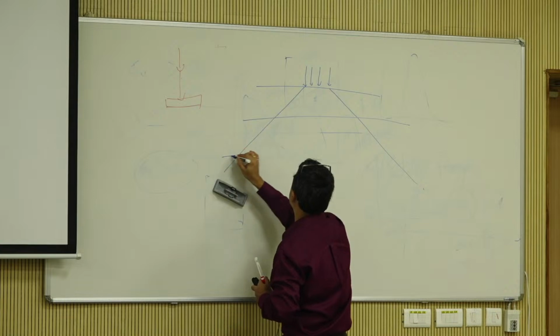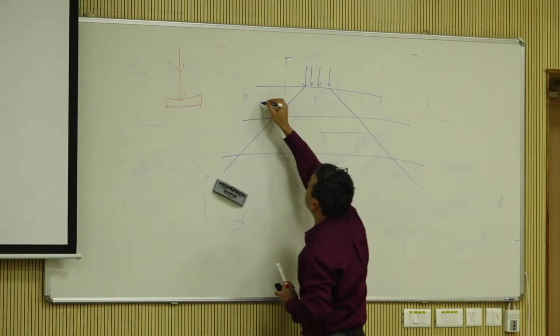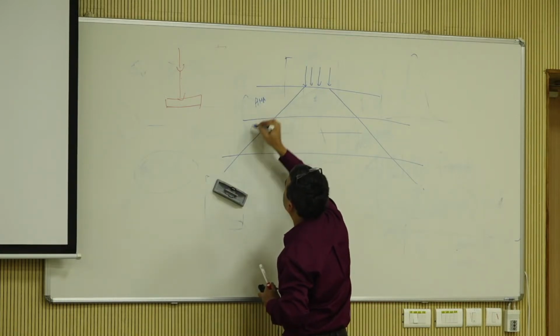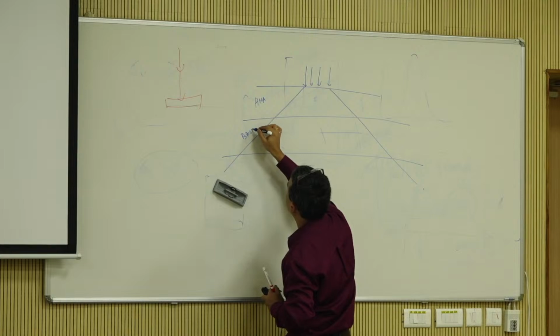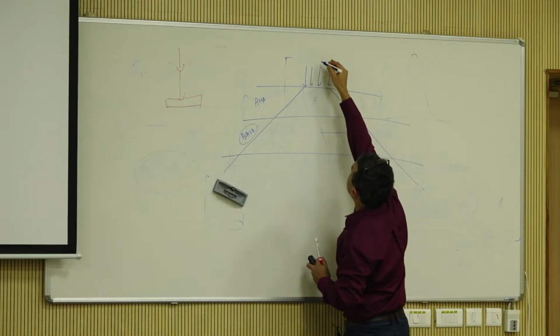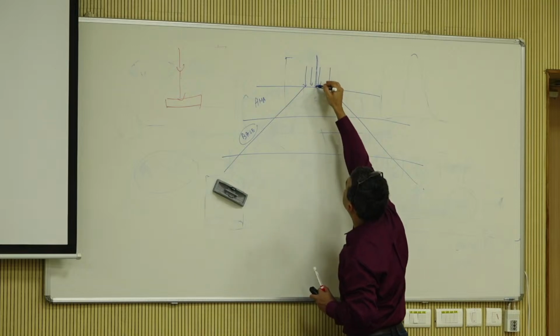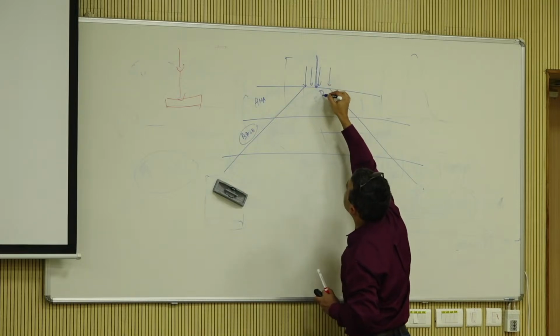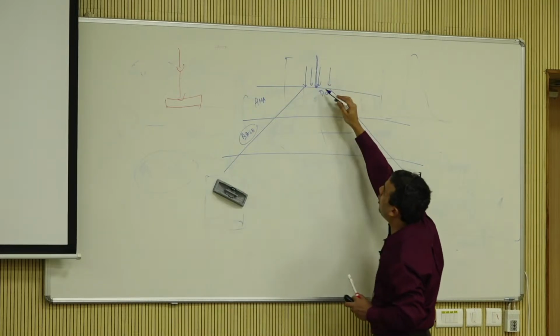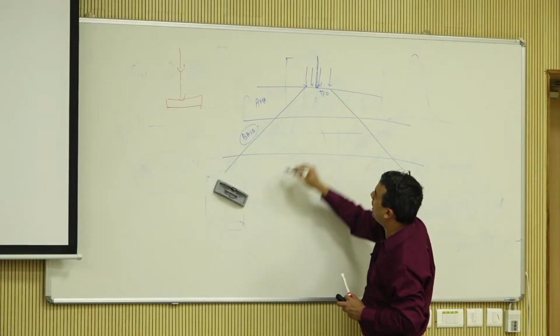Let us just say these are the pavement layers. This is HMA. Let's just say this is base. If this is where the center point of the load is, at this point the deflection is called D0. 0 stands for zero offset, D stands for deflection, and this is the subgrade.